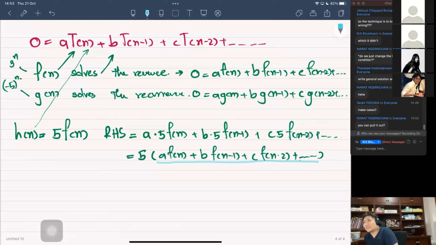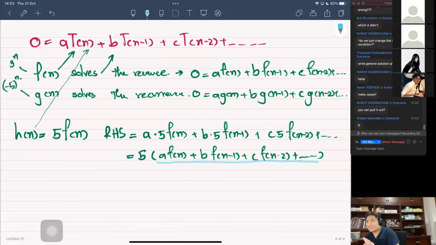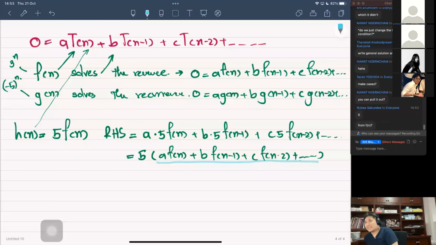What do we know about this? It is 0. Why do we know it's 0? Very good. It's from the fact that f of n is a solution. So if you plug it in, it's going to be 0. So this thing is 0. That means if you plug in h of n to that guy, it still is a solution.